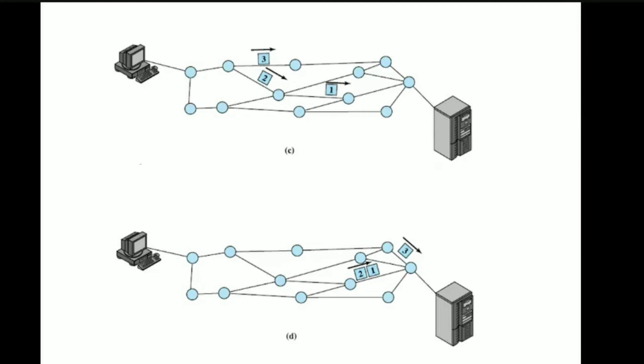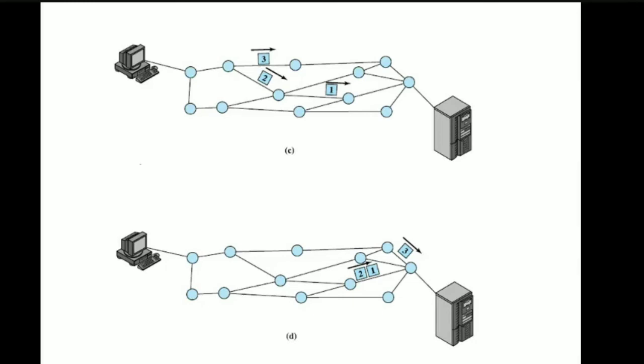Let us say packet 1 has taken one particular path. There is no guarantee, no compulsion, that packet 2 should also go in that same path. It may follow the same path as packet 1 or it may go in another path. For all these packets the destination is the same, but they do not necessarily need to go in the same route.